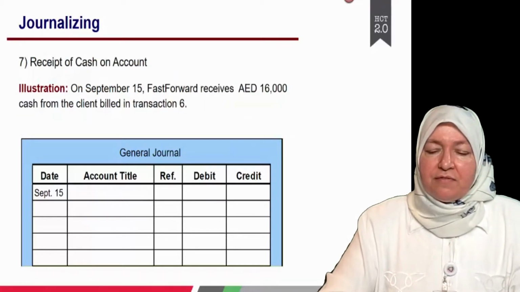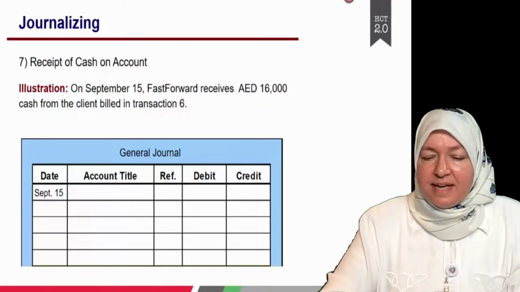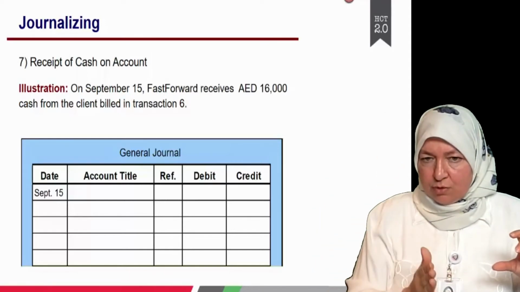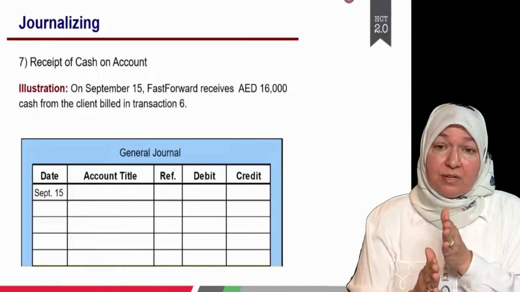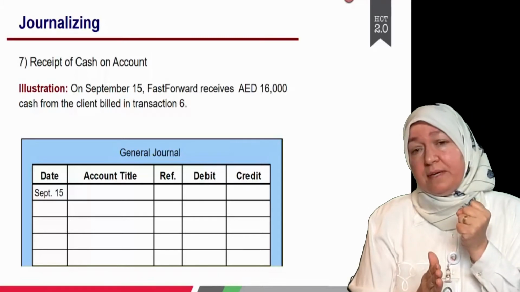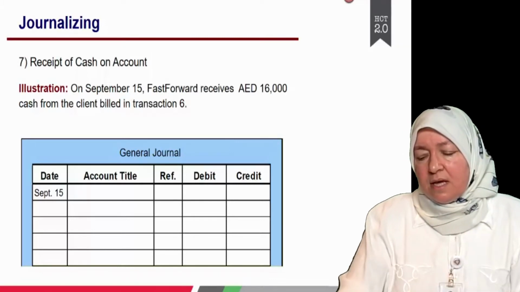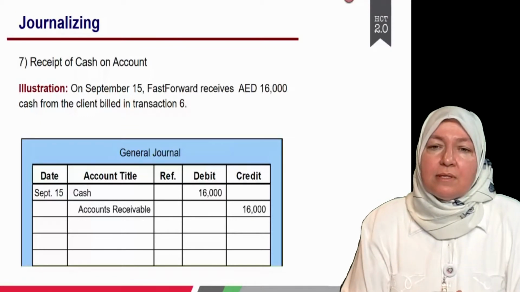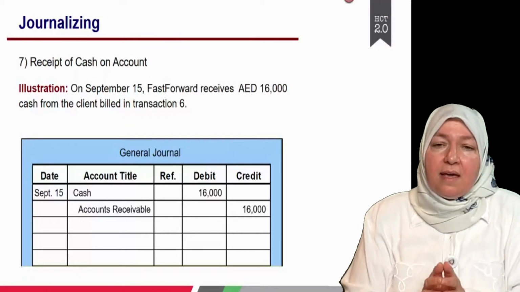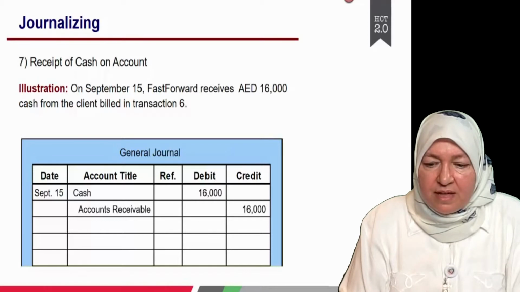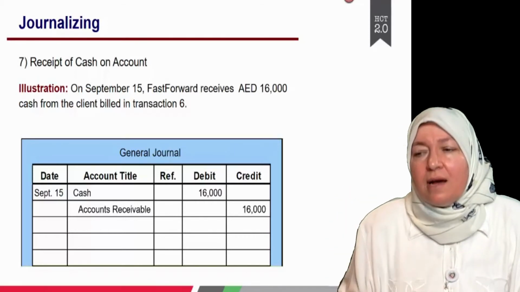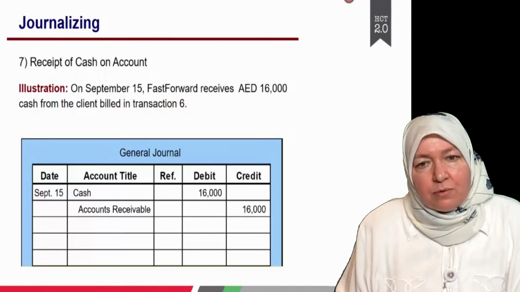On September 15, Fast Forward received 16,000 cash from the client billed in transaction number 6. Okay, cash here is an asset, normal balance is debit, and if you want to increase it, because we collected it, it would be, yes, debit. So cash debit by 16,000. And accounts receivable, since they are paying and we are collecting from them what we wanted from them in transaction number 6, 16,000, and they are now paying the full amount of 16,000.